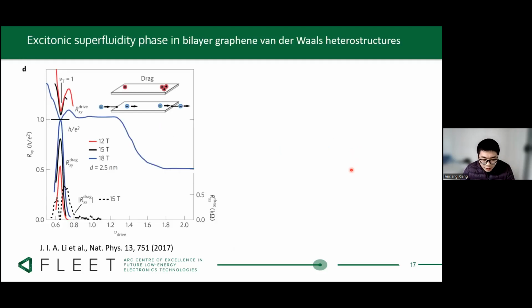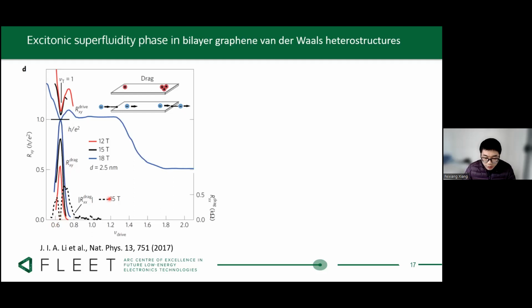So the exciton condensate in this system has been confirmed in the quantized Hall drag resistance, where you pass the current in one layer and record the Hall resistance in the other layer, and also the vanishing RXX.